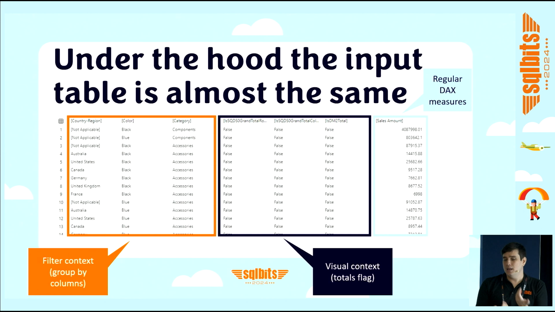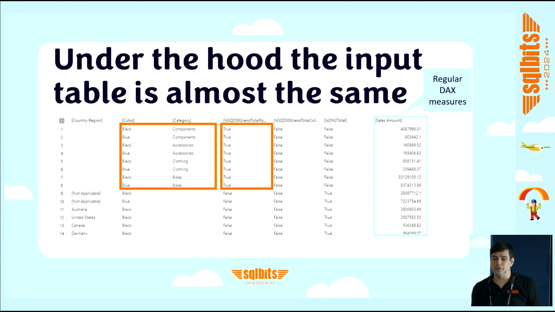So if I see, for example, the grand total row filtered, it's as if I'm in that grand total row. I only need to specify the color and the category to pinpoint and pick the sales or any other field here.